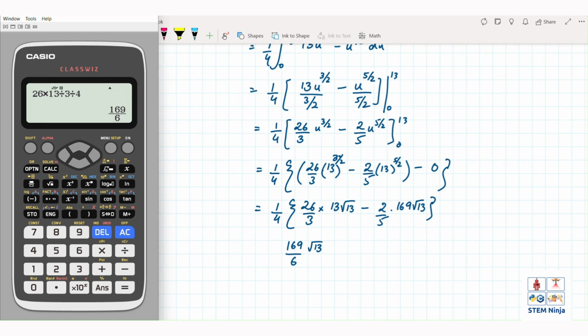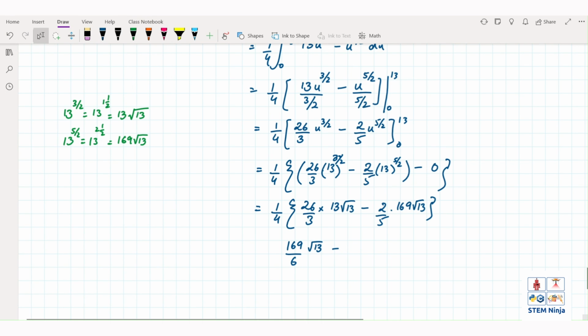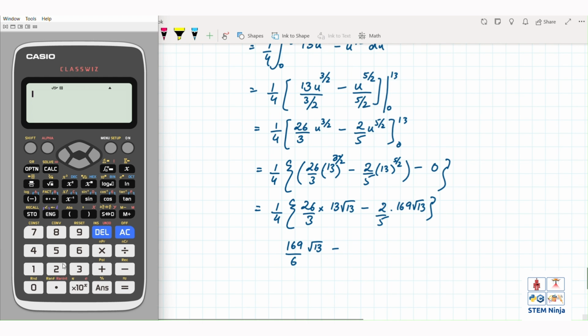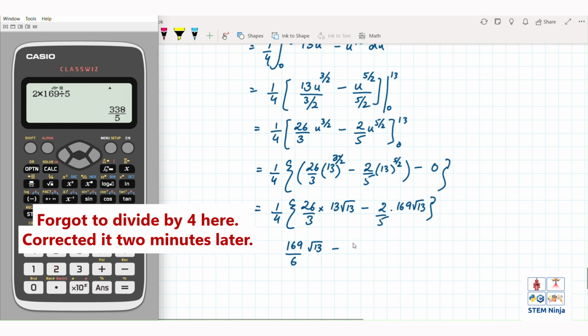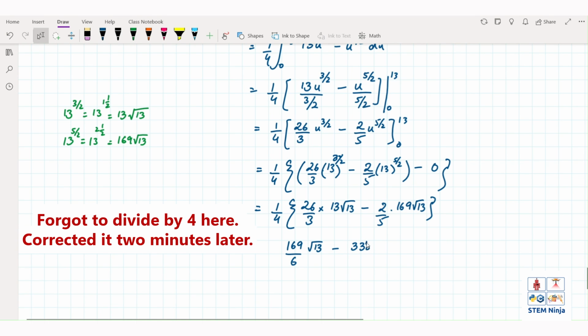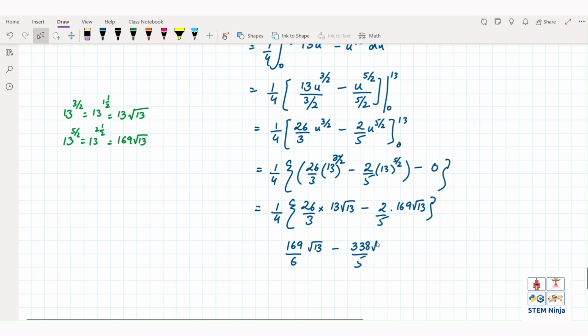The other term will be 2 times 169 divided by 5.